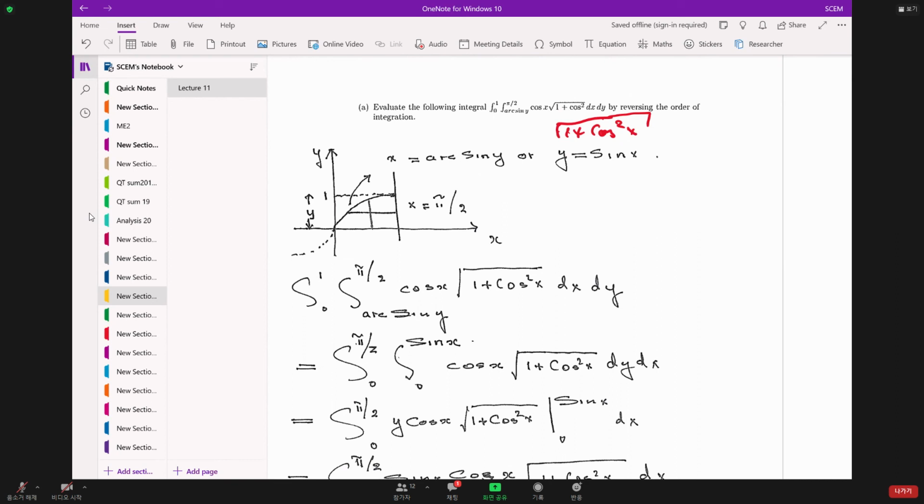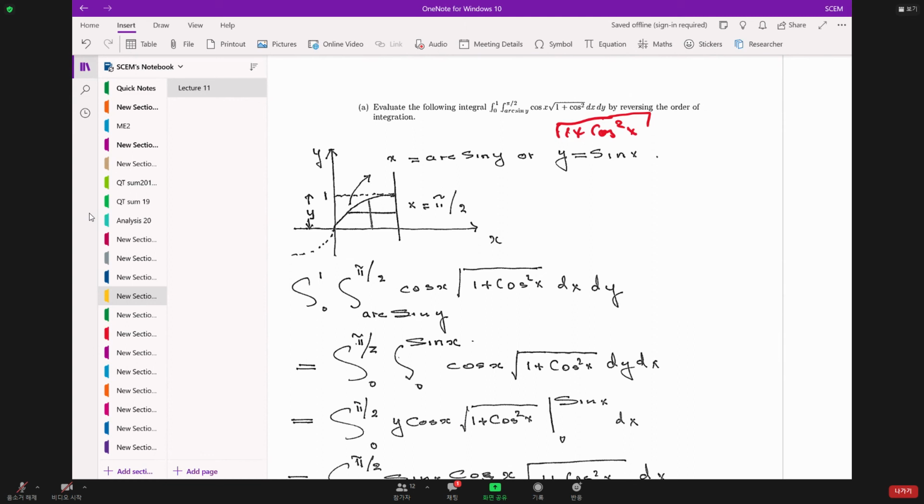Now, instead, it is defined as a type 2. It's not easy to work this out using type 2, but using a type 1 is probably easier.